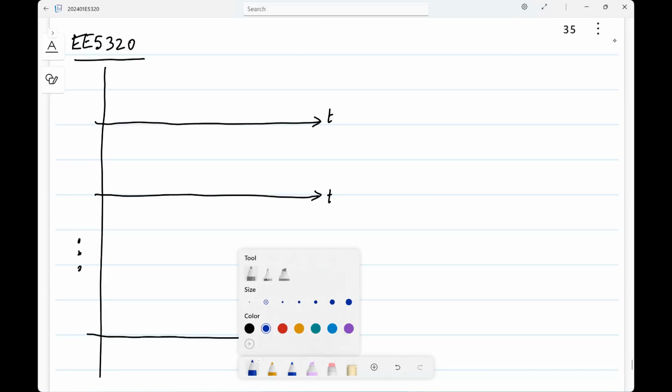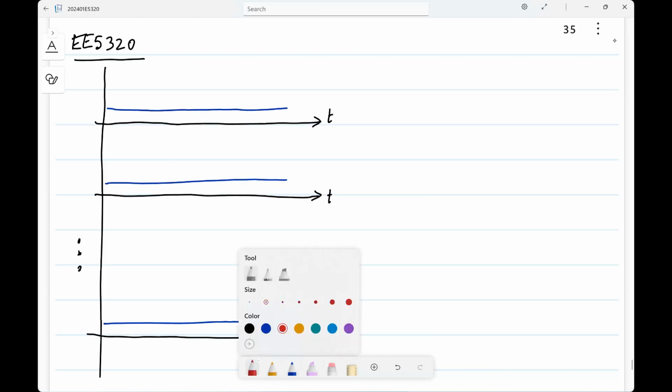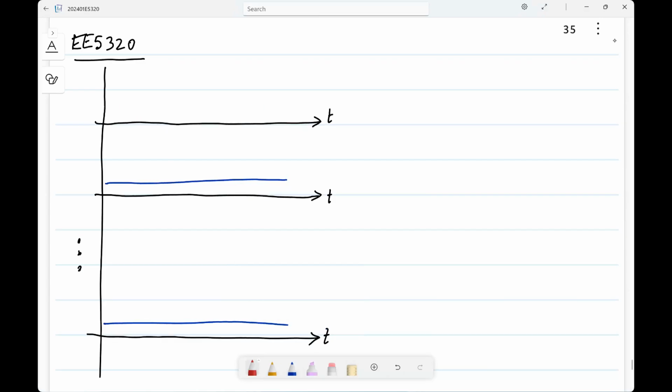Nominally, the current will be something, and the actual instantaneous current will be different in each of them.